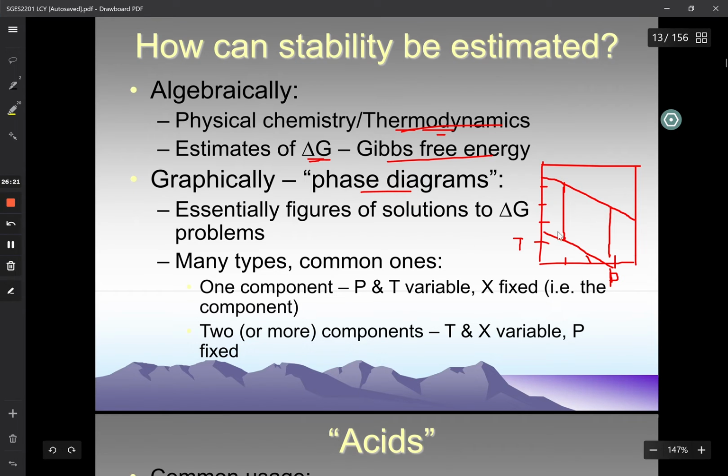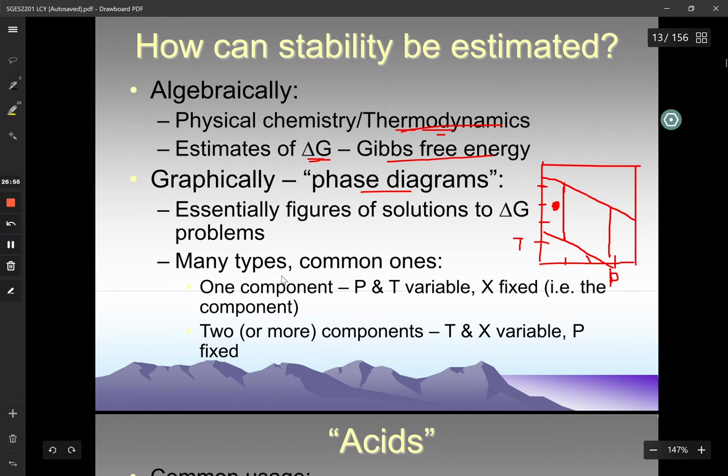So when we know, for example, the temperature or the pressure of the environment, then we may know what kind of minerals are stable in that condition. So essentially they are figures of solutions to these delta G problems.